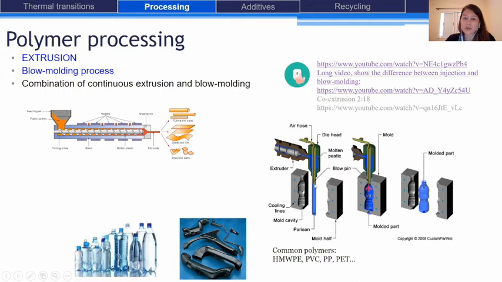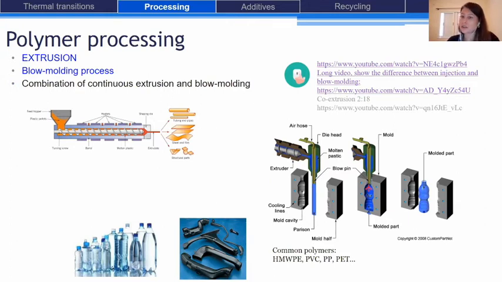Once it is produced, the two parts of the mold will close, and it will enable to close the bottom part of this parison. And then on the upper part, there will be air that will be blown into this parison, and the pressure of the air will permit to expand this parison that will be pushed onto the walls of the mold.